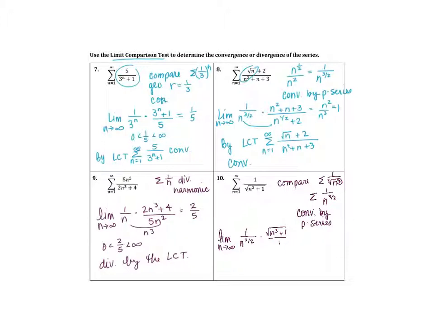And so if we're looking at what's going to happen with this, notice that again that is getting pretty close to an n to the 3/2 itself. And so this is really going to balance out to be a 1. And so here this is going to converge by the limit comparison test.